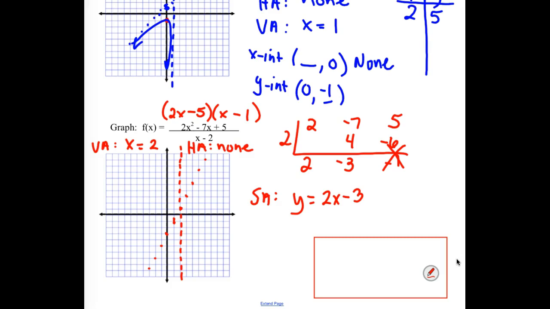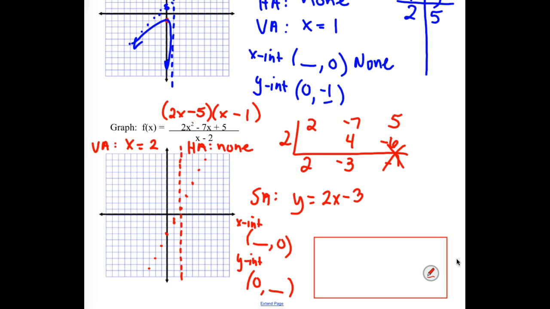Okay, and let's look for our intercepts. What's going to make the top 0? It's quadratic, right? 2x squared minus 7x plus 5. We could always go to the quadratic formula, but we have it factored, so can we find the zeros from our factors?